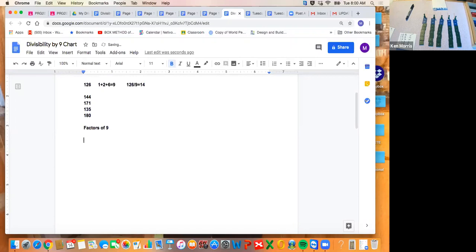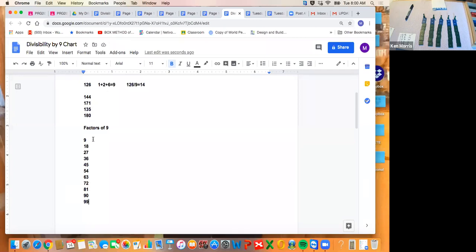You guys can go ahead and pull out your factor pattern sheet to look at this, but the multiples of 9 went like this: 9, 18, 27, 36, 45, 54, 63, 72, 81, 90, and 99. Actually, this is a good one for me to show you.